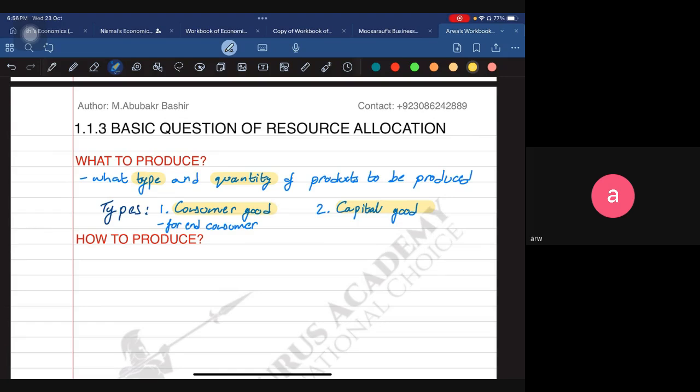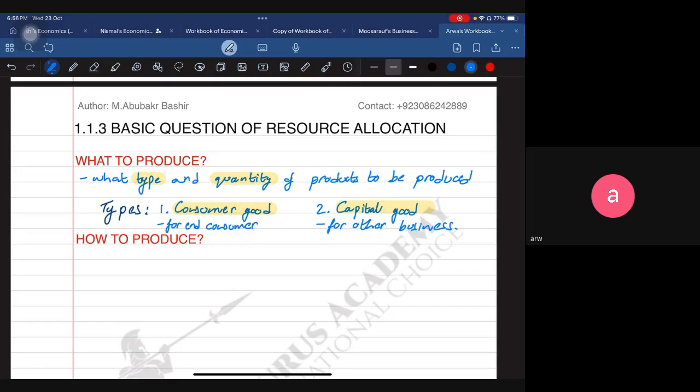Usually when we talk about capital goods, they are produced for other businesses, because the end consumer is not going to use a capital good. Why would you want to have a machine which makes phones at home? It's not that you cannot have it.